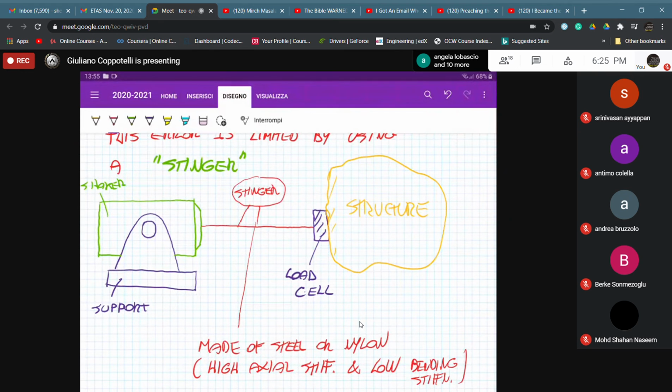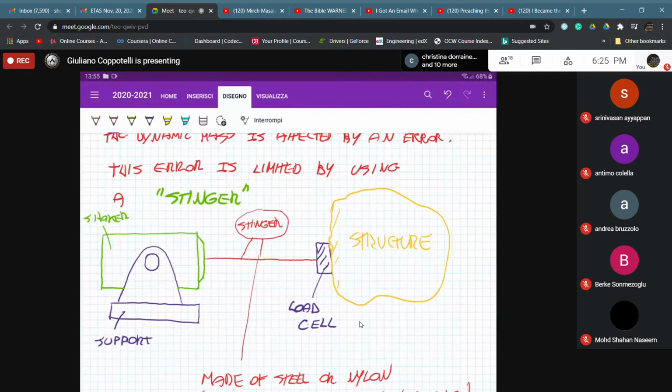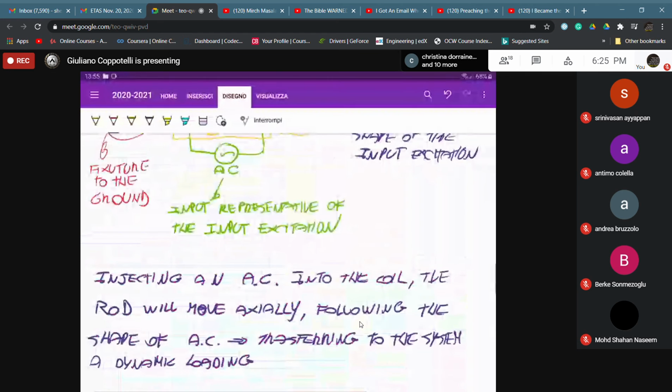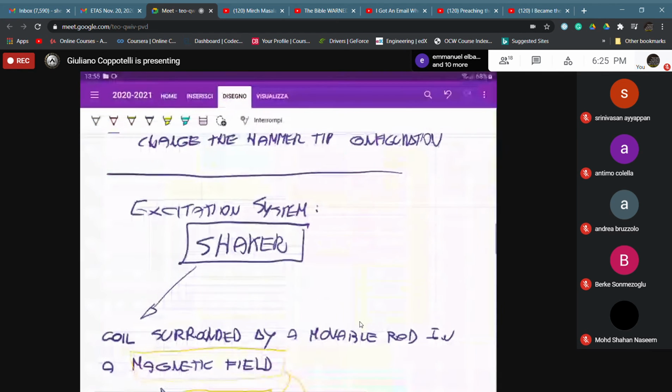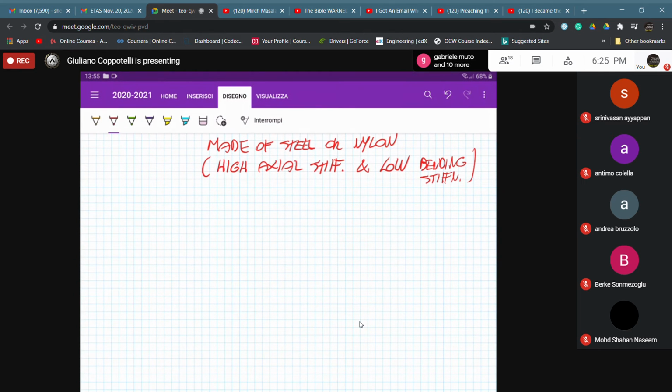Just to make a comparison with this shaker system, let me consider also the hammer, here together with the shaker, just to complete the vision. So let me consider the modal hammer.